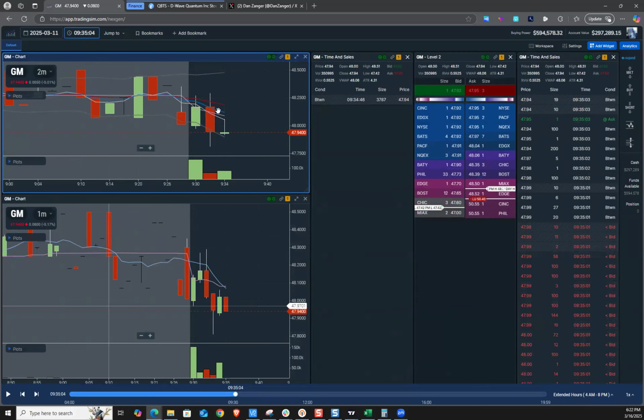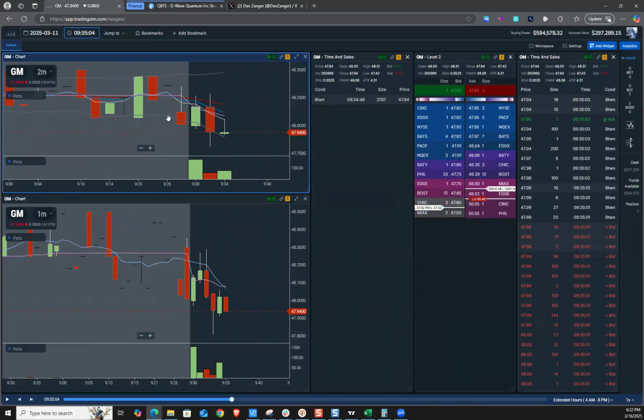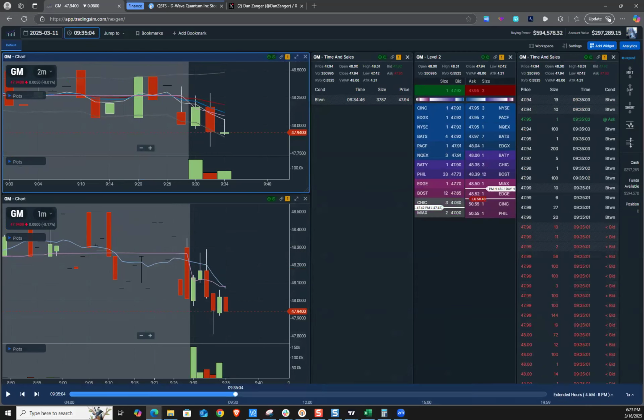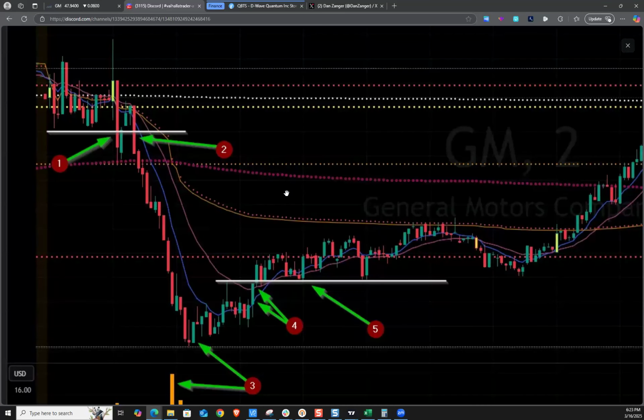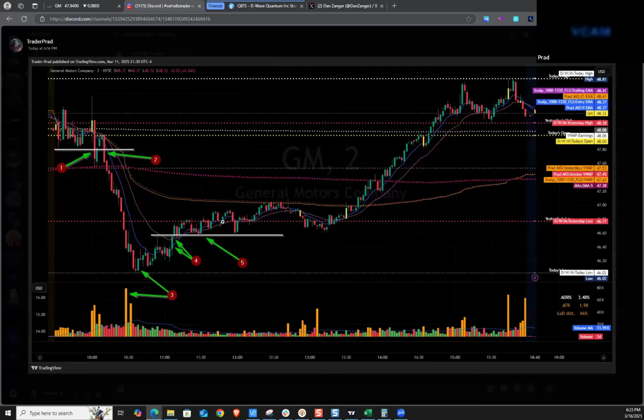Sweet. Okay, this is on the 2 minute. Can you go back to that chart real quick on the 3 and the 4? I just want to see it so I can get the mental rep in. Yep. So 1 is the new smooth, or you can even say opening range breakout. You get a move up and then a move down, taking out the opening range high, taking out the opening range low.